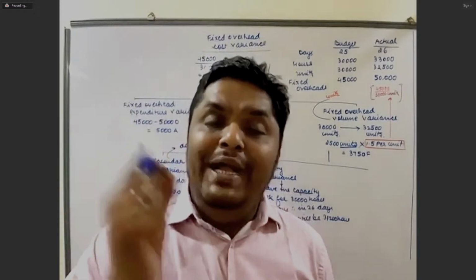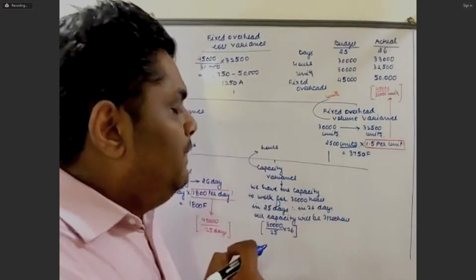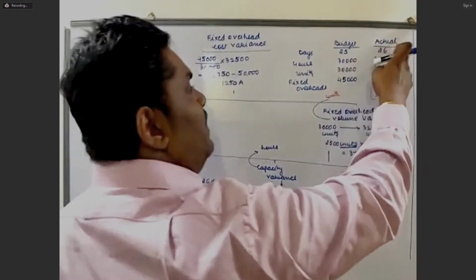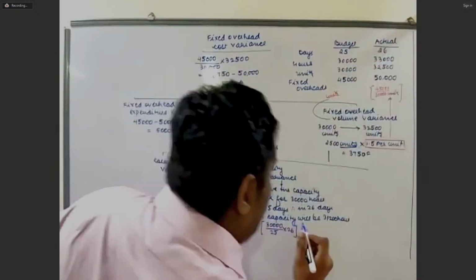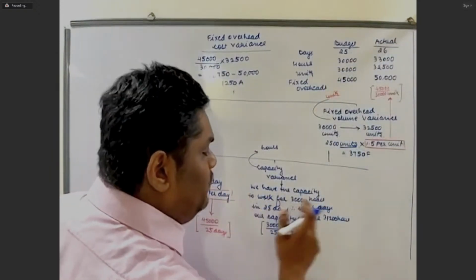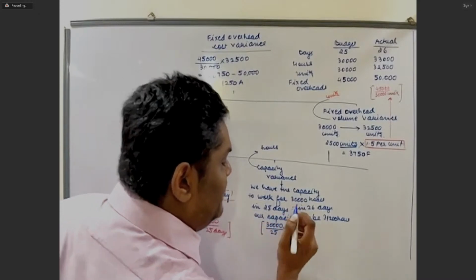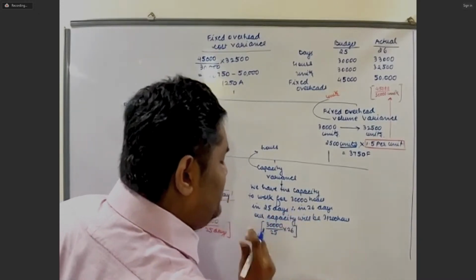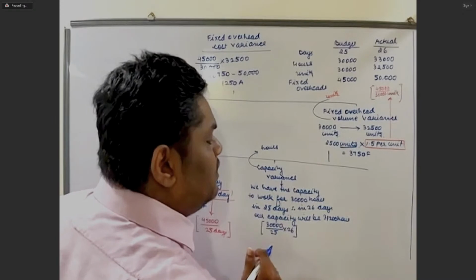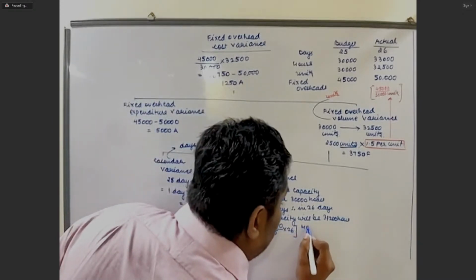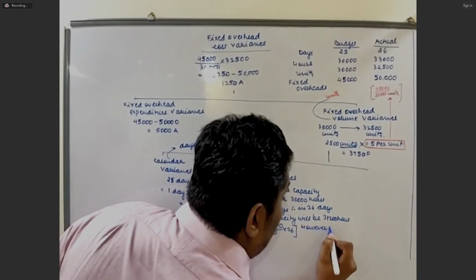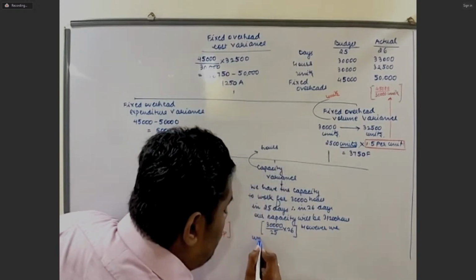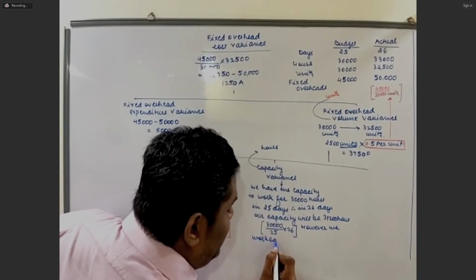But in these 26 days, we worked for 33,000 hours. However, we have the capacity to work for 30,000 hours in 25 days. Therefore, in 26 days, our capacity will be 31,200. However, we worked for how many hours?